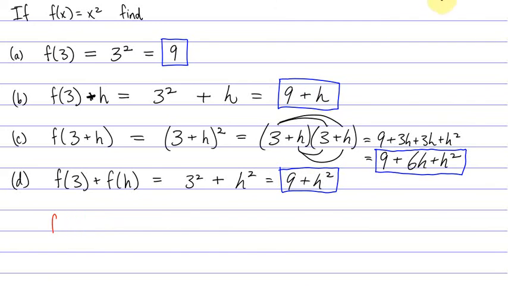Another thing I have here, it was already mentioned over here, but sometimes people take 3. This is not so much to do with functions, but it's good algebra for you anyway. People will sometimes take 3 plus h quantity squared, and we already said it, but people will write instead of that 9 plus h squared.